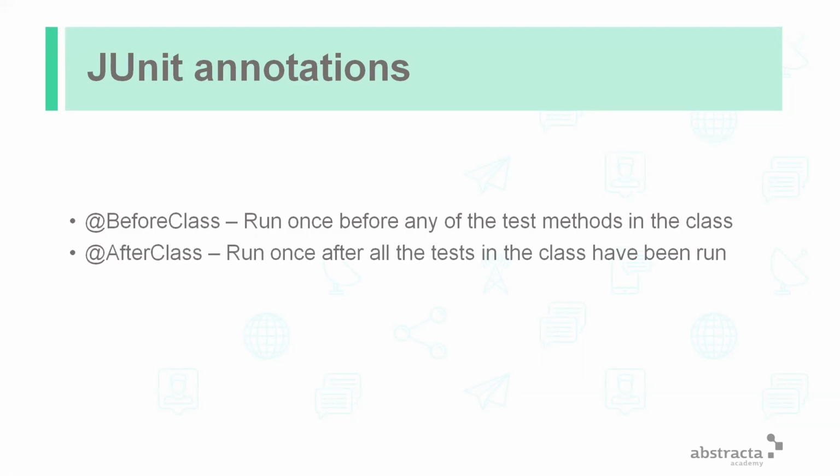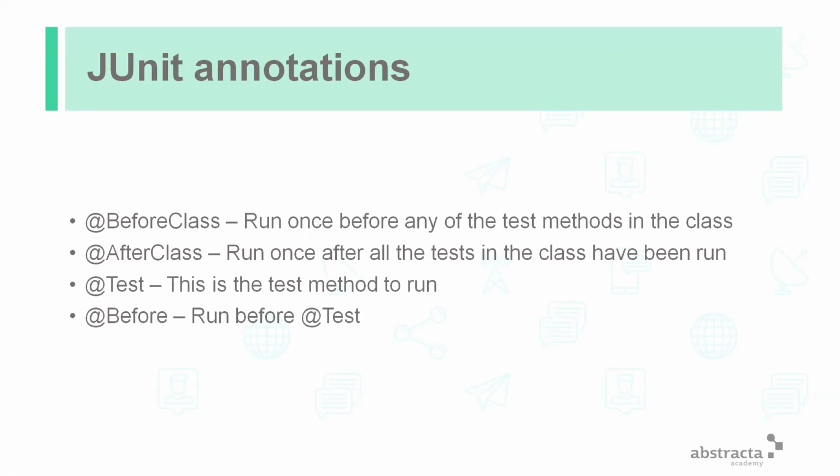The next one is AfterClass, which runs once after all the tests in the class have been run. So after all the methods in the class were executed, the AfterClass will execute. The Before will do the same, but before all the tests. The Test annotation is the test method to be executed. We can have more than one test in a test class.